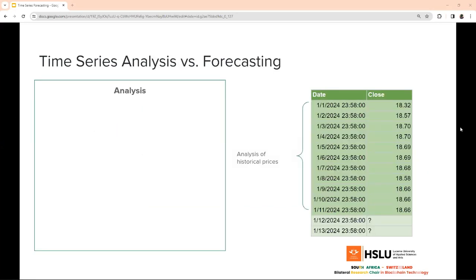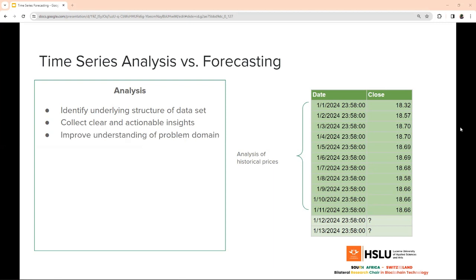Okay, so time series analysis versus forecasting. There's an important distinction between the two, even though they're used interchangeably. In time series analysis, the aim is to try and identify the underlying structure and uncover latent traits from the time series data, so that we can get to insights that can be used to make data-driven decisions or to solve business problems. Also, you would use the analysis to try and understand the problem domain.